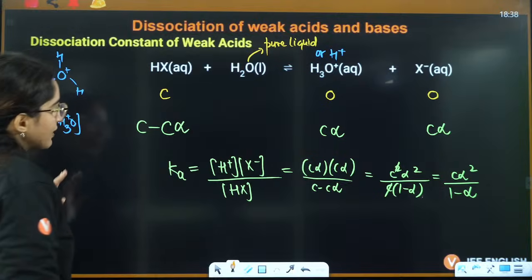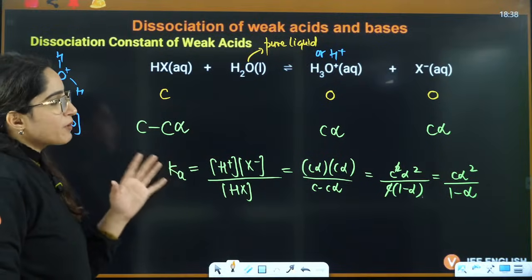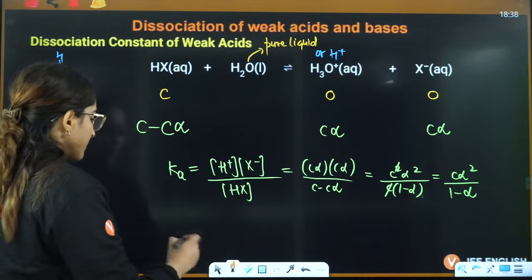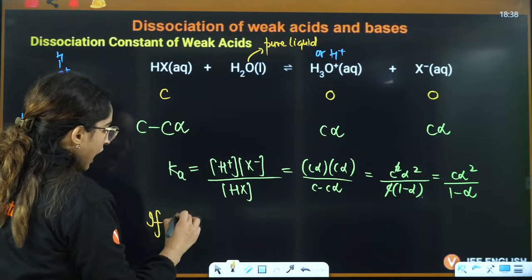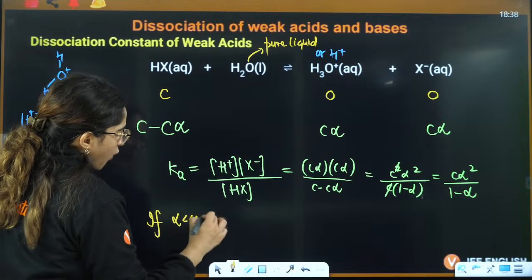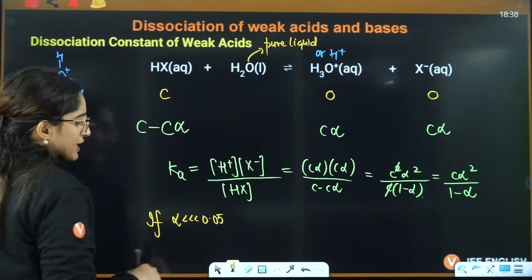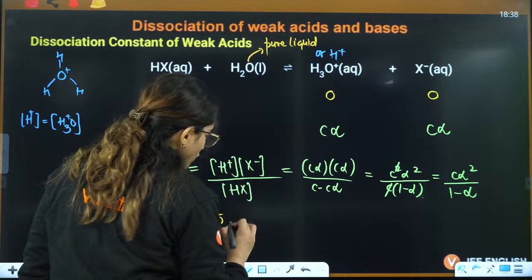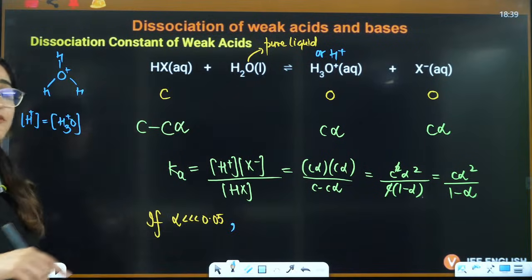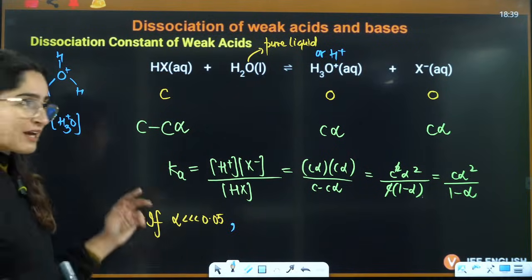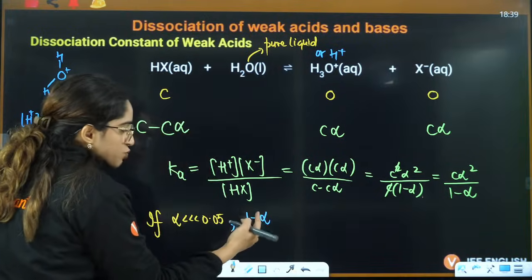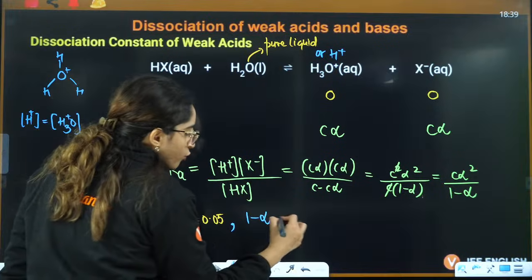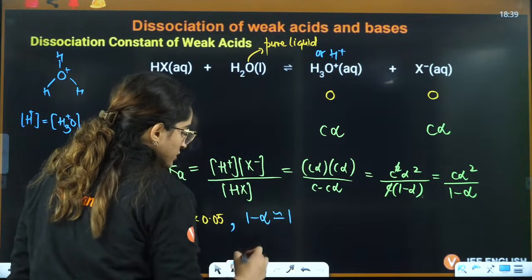Now see one thing, Ka is C alpha squared over 1 minus alpha. If alpha is very small, smaller than 0.05, then by convention alpha is so small that it is ignored in front of 1, so 1 minus alpha is approximately 1.